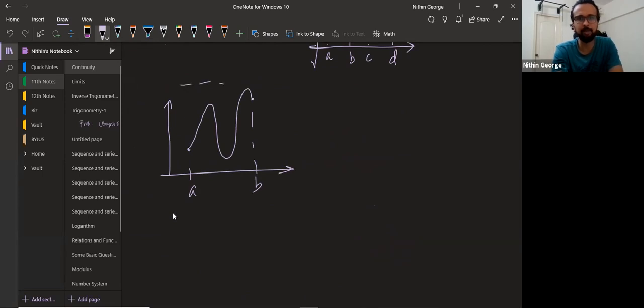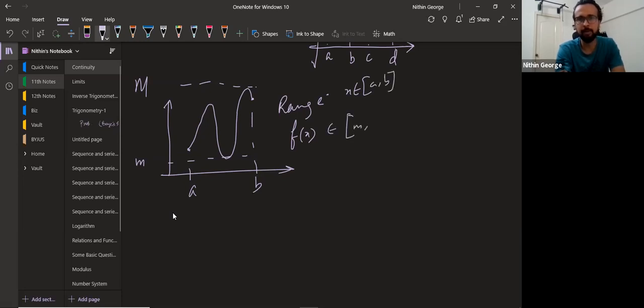It will have a maximum value of capital M and a minimum value of small m. So the range of f of x, where x is between A and B, will be between m and capital M.